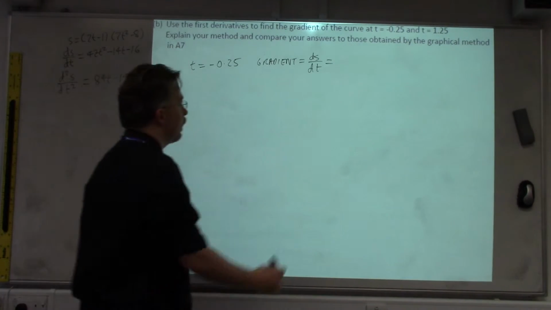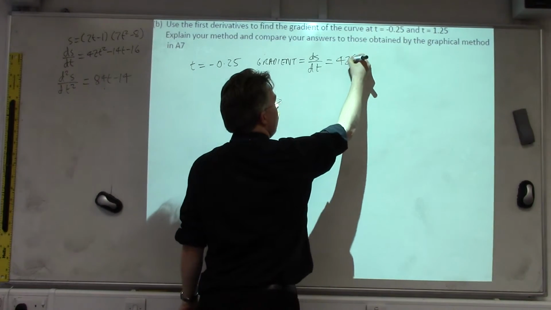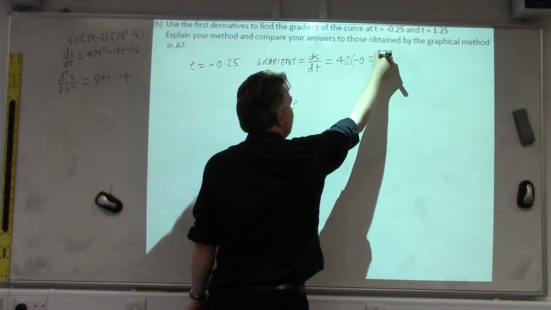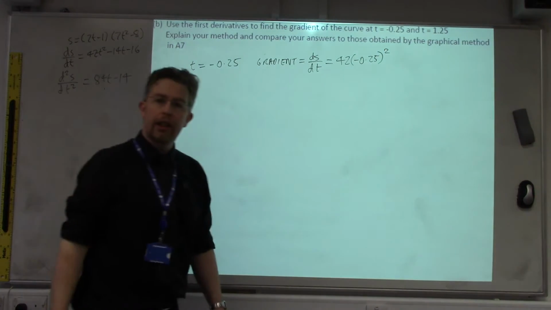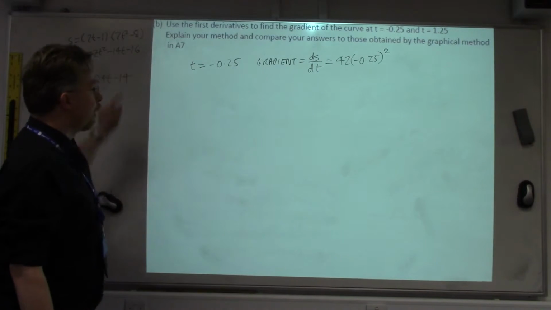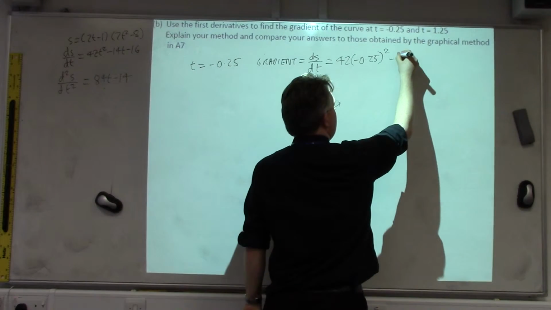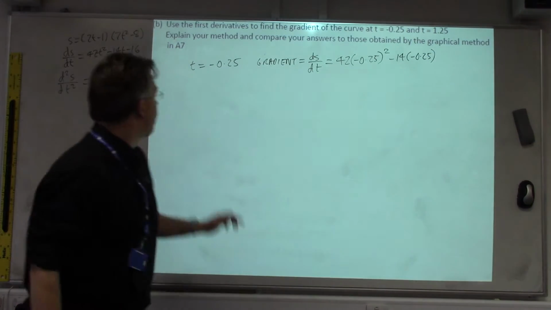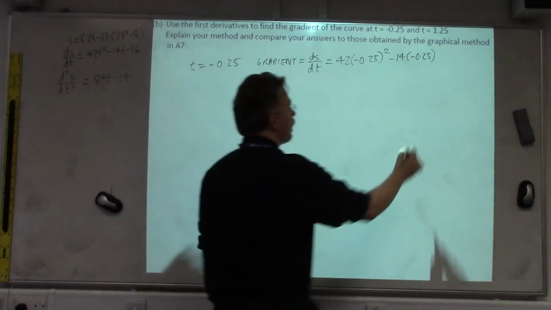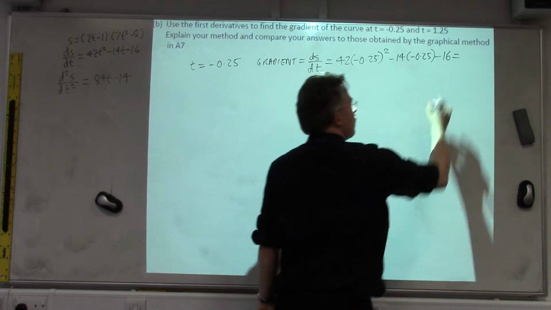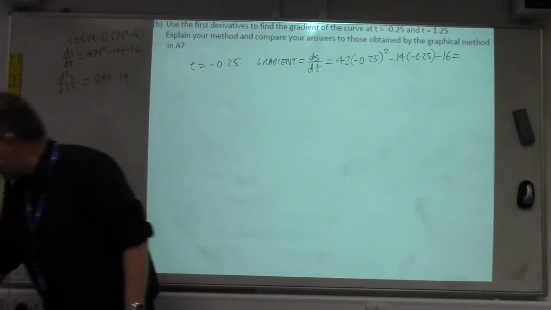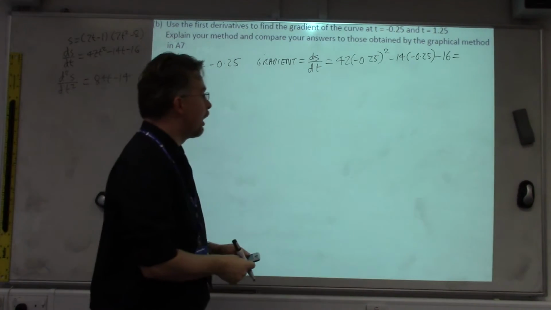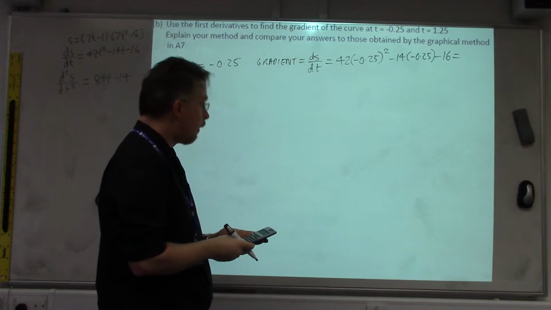So 42t squared becomes 42, open bracket, minus 0.25, close bracket squared, minus 14, open bracket, minus 0.25, close bracket, minus 16. If we do it like that in a calculator, it'll sort out any negative issues.